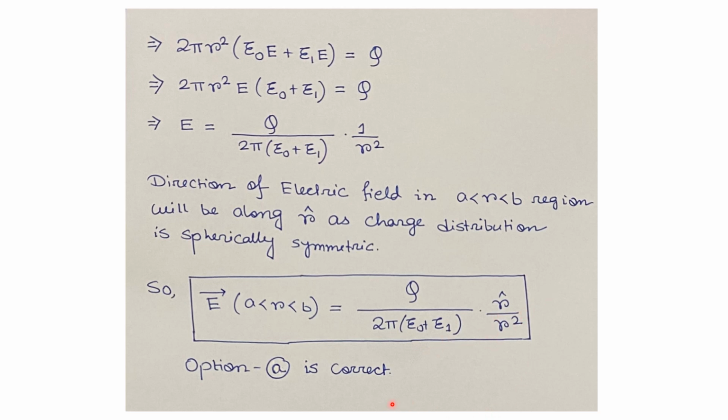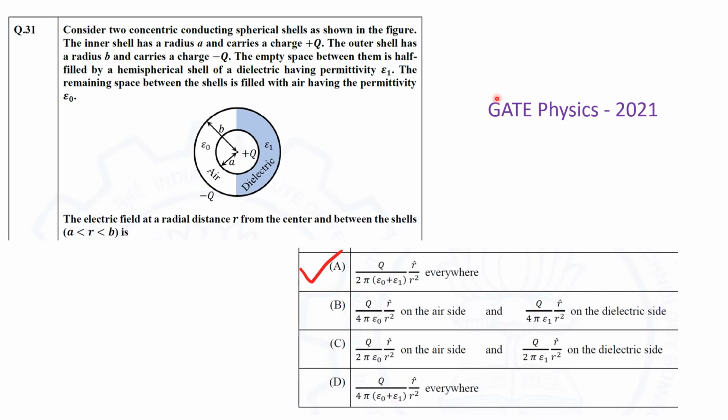So our option A is correct. According to our solution, the electric field at a radial distance small r from the center and between the shells is option A, q by 2 pi times (epsilon naught plus epsilon 1) multiplied with 1 by r square along the r cap direction, that is radial direction, everywhere.